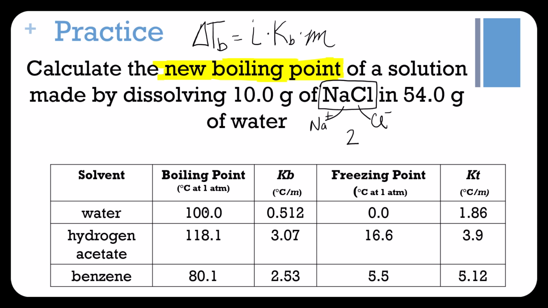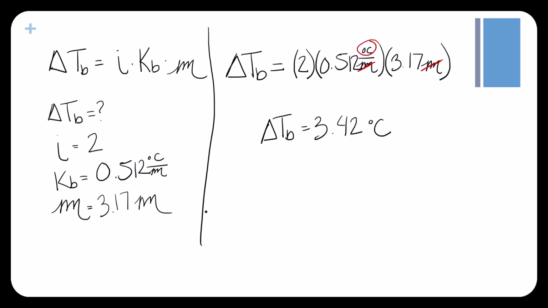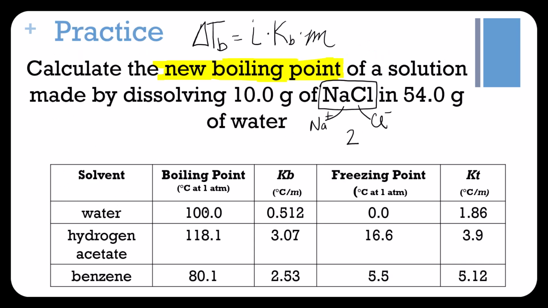Now that boiling point has changed by 3.42 degrees. It's up to me to decide, am I adding that 3 degrees or am I subtracting that 3 degrees? So go back to the name, boiling point elevation.